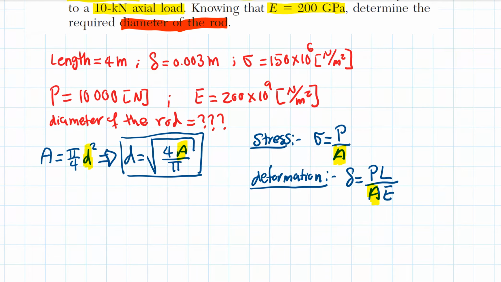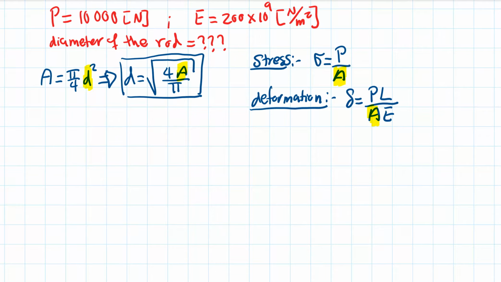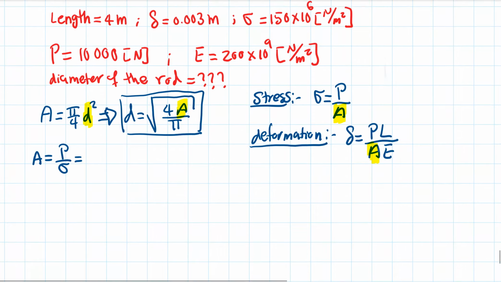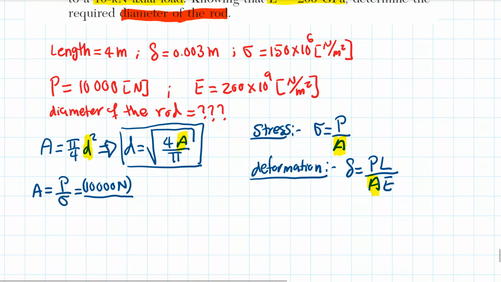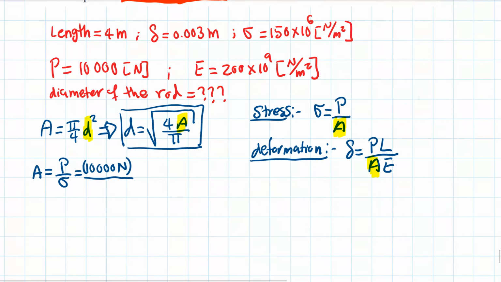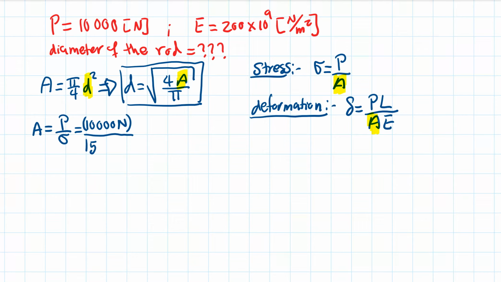So for the first equation, the stress equation, we can solve for area equal to applied load over normal stress. The applied load, we are told, is 10,000 Newton. The normal stress is given as 150 times 10 to the power 6 Newton over meter squared.